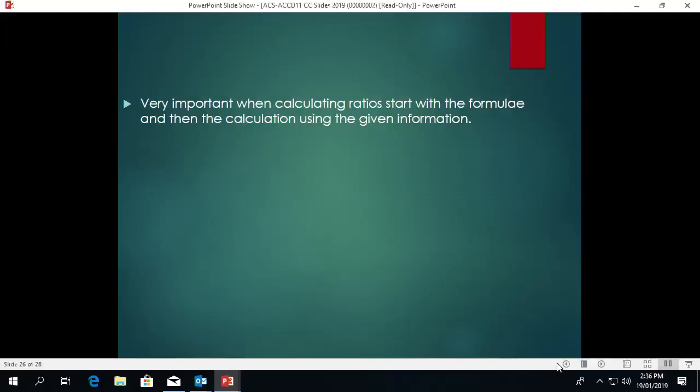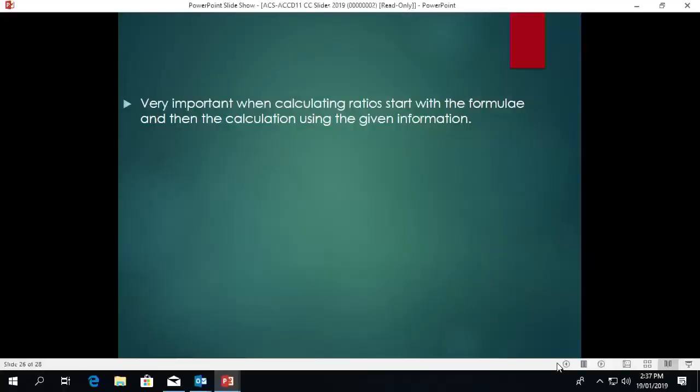There they have given you different ratios, and students, please, very important when it comes to a ratio, you must start with the formula. Memorize that formula, student, because if you don't know the formula, in the examination they only give you the figures, and then they will ask you: calculate the current ratio, calculate the profitability ratio.